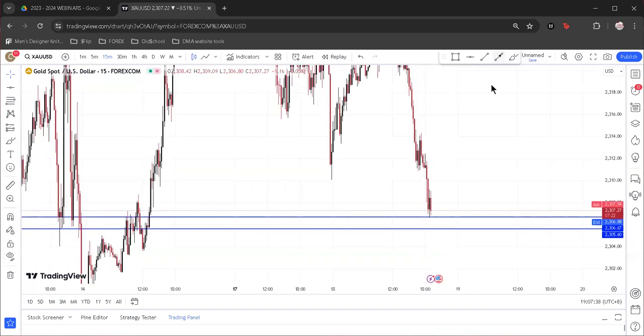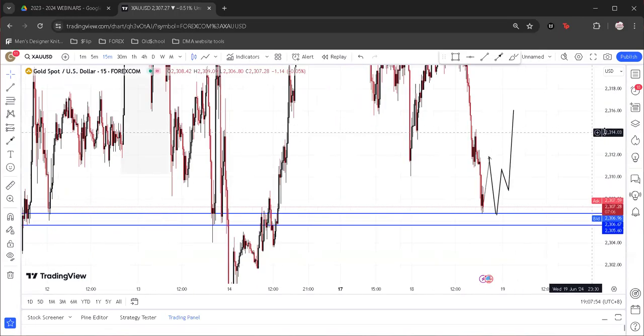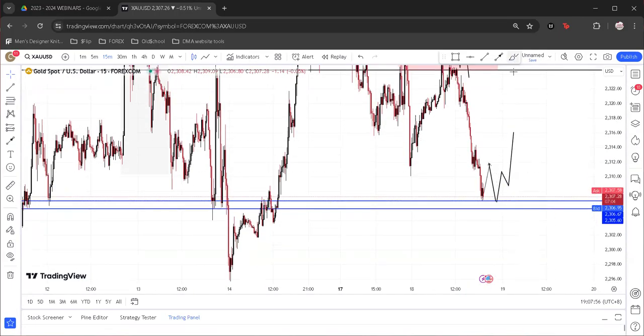You have to wait for a bullish breakout or bullish momentum here. Then only we can decide whether we're going to go for a sell tonight or a buy. We have to wait for this to buy, or we have to wait for this to sell.